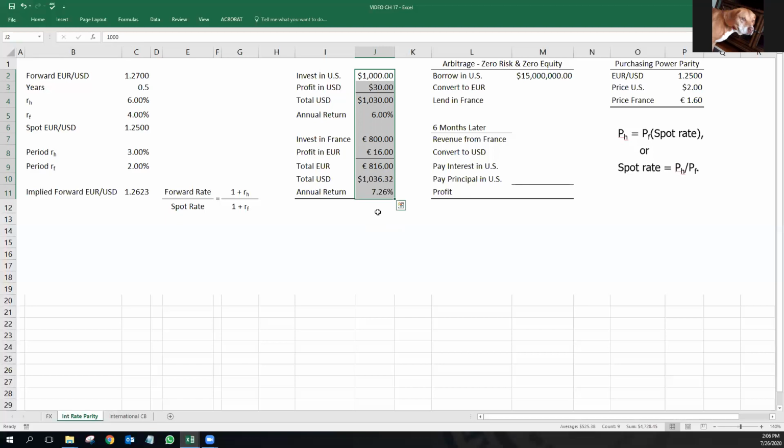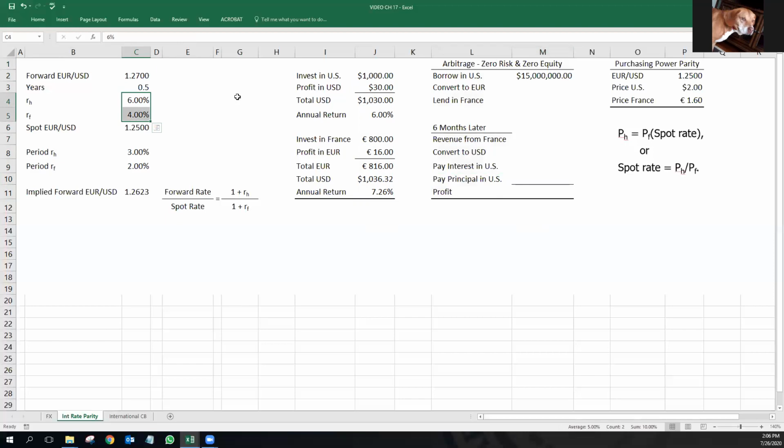So you can have absolutely no investment. And when you make a return without investment, that's an infinite return. Your return on investment, return on equity is infinite. And that's what we're going to look at here, the concept of arbitrage, because it becomes zero risk, zero equity. Now, we're calling it zero risk, zero equity because these rates are considered risk-free rates.